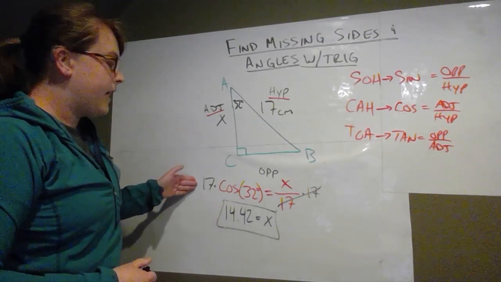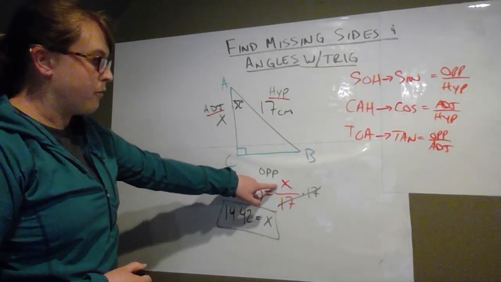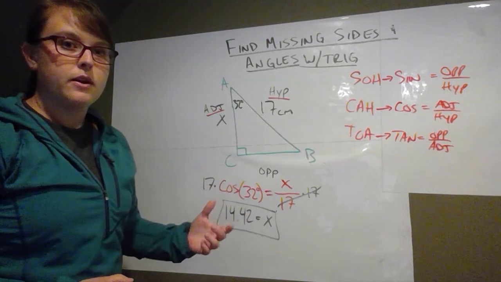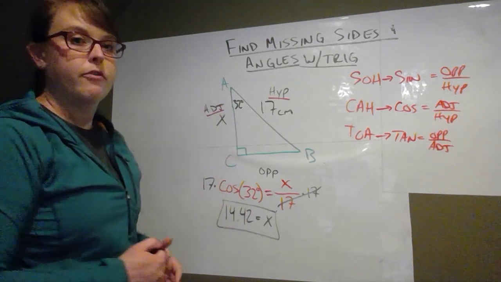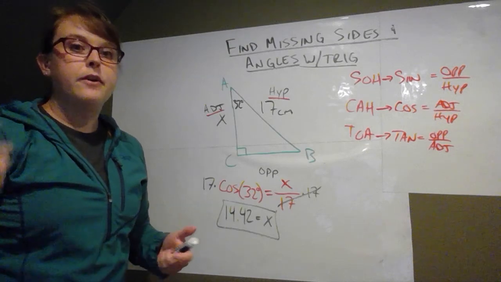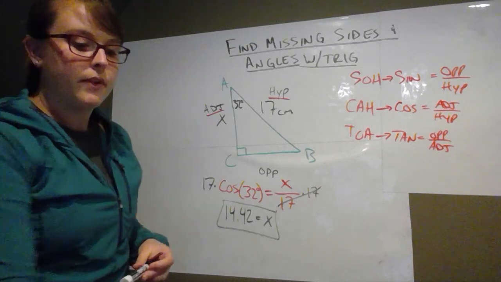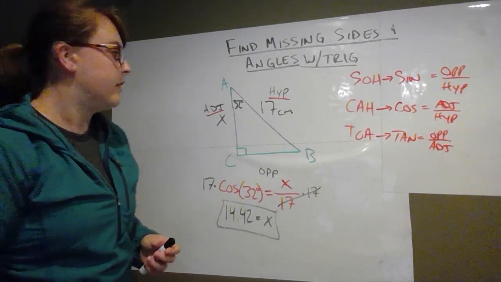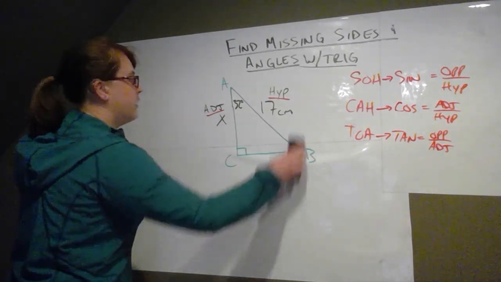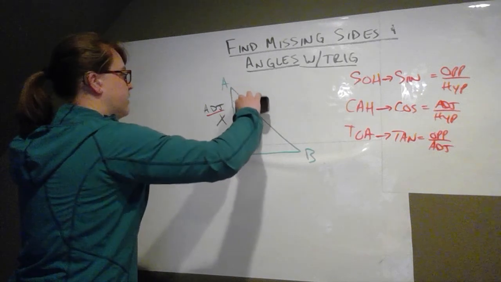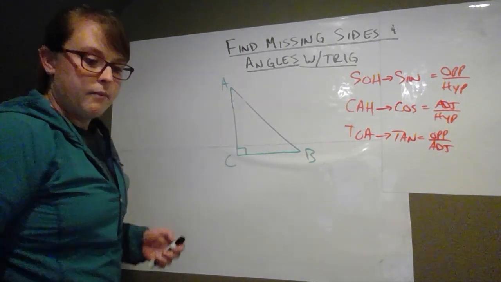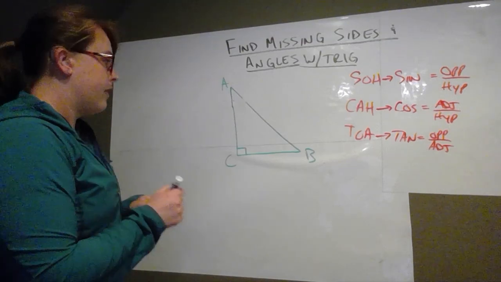This particular case was a little bit easier because the side that we're missing is on the top of the ratio. So I'm going to show one more version of doing this kind of problem, solving for a missing side, but where the value you're missing is on the bottom of the ratio. So let's try one like that. I'll leave this same triangle, but this time we're going to have different values.